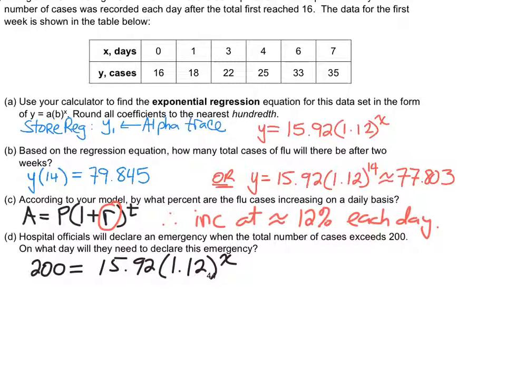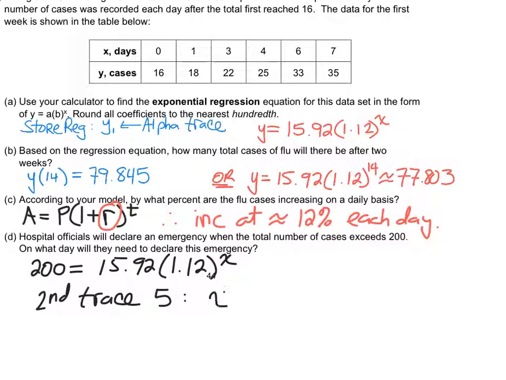So I want to find the intersection. How do I do that again? Second, trace, option 5. Get as close as you're willing to get to the intersection. Hit enter 3 times.